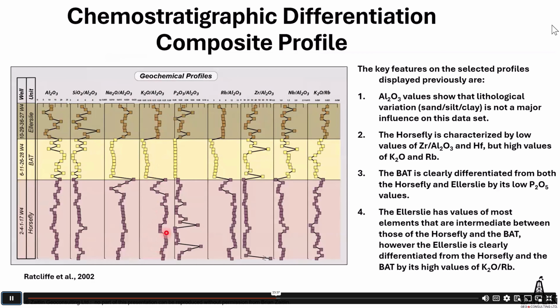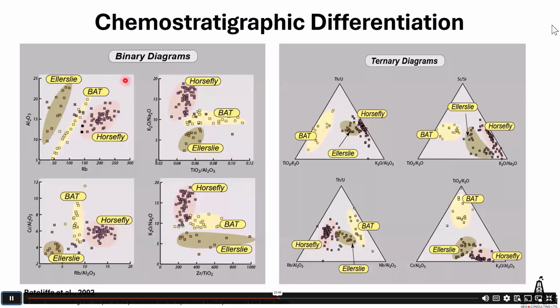So between the petrography and the chemostratigraphy, we were comfortable breaking up the stratigraphy into these different stratigraphic units. We would analyze the data in different ways, different types of binary diagrams, different types of ternary diagrams. So we were pretty sure of that mineralogy.